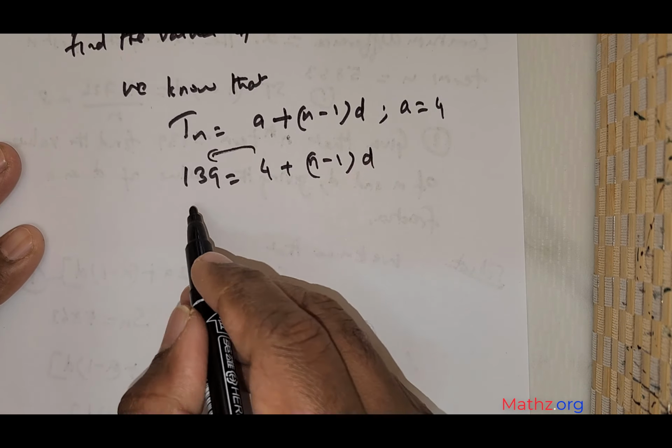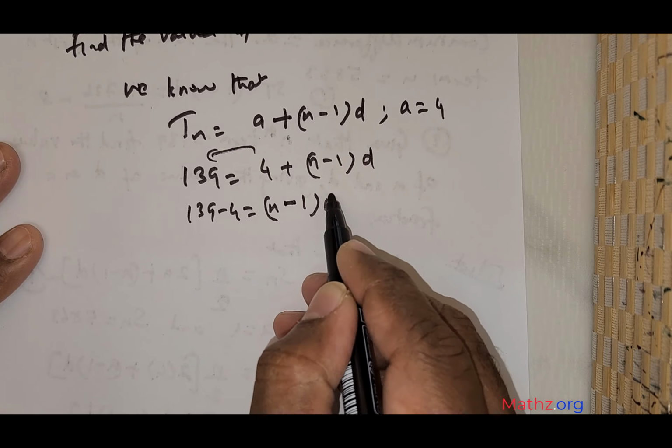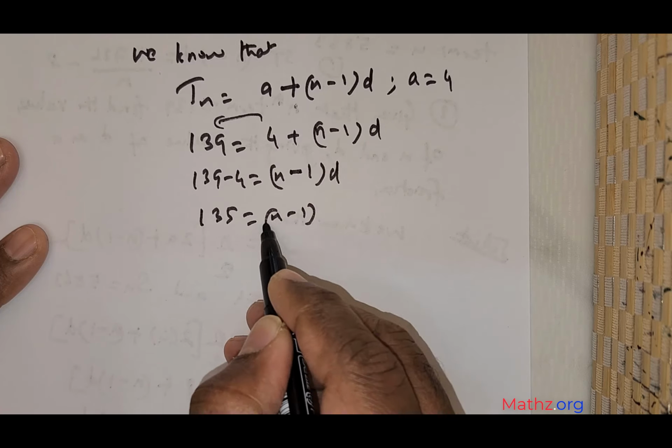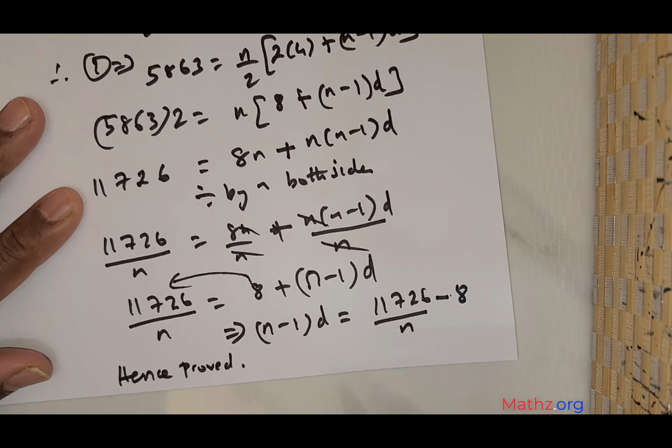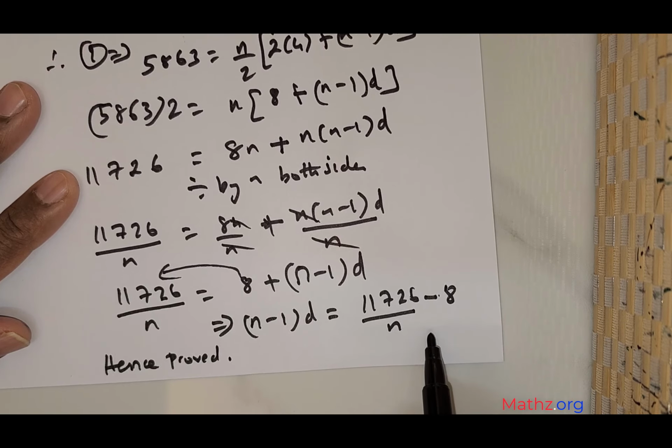Now you move this 4 to the other side, you get 139 minus 4 is (n minus 1) into D. So 135 is equal to (n minus 1) into D. But look at the previous result: (n minus 1) into D is 11726 over n negative 8.